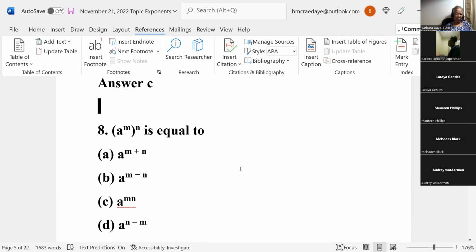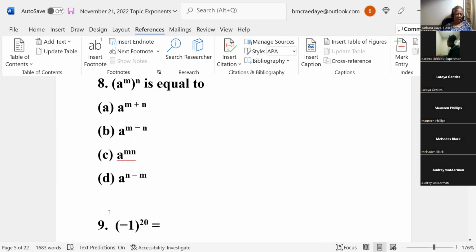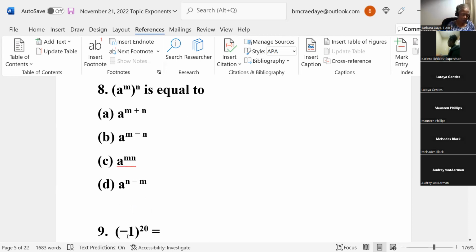You add them. No, you subtract. No, you multiply the exponent. Multiply, that's right, Audrey. So what's the answer? C. I got C. C, that's right.